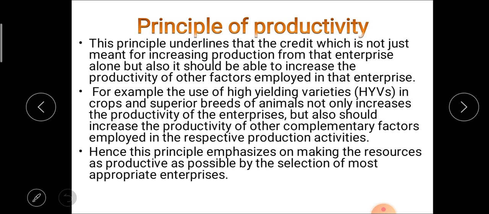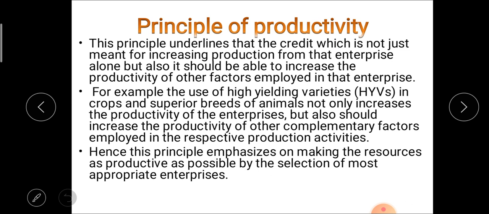This principle underlines that credit is not just a means for increasing production from the enterprise, but it should also be able to increase the productivity of other factors employed in that enterprise. That means the productivity of the other factors of production used in the production process can be increased with the use of this credit.